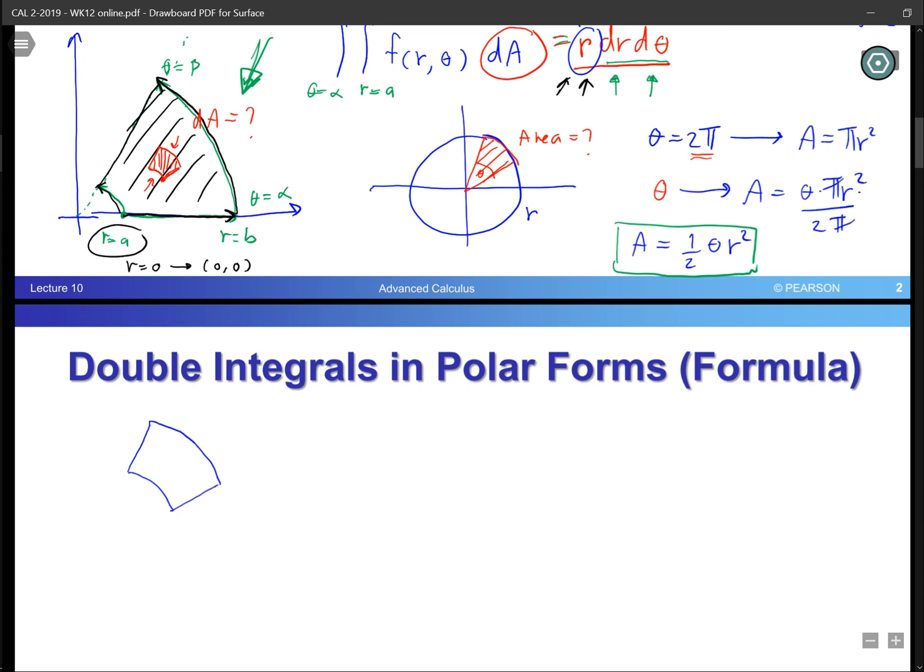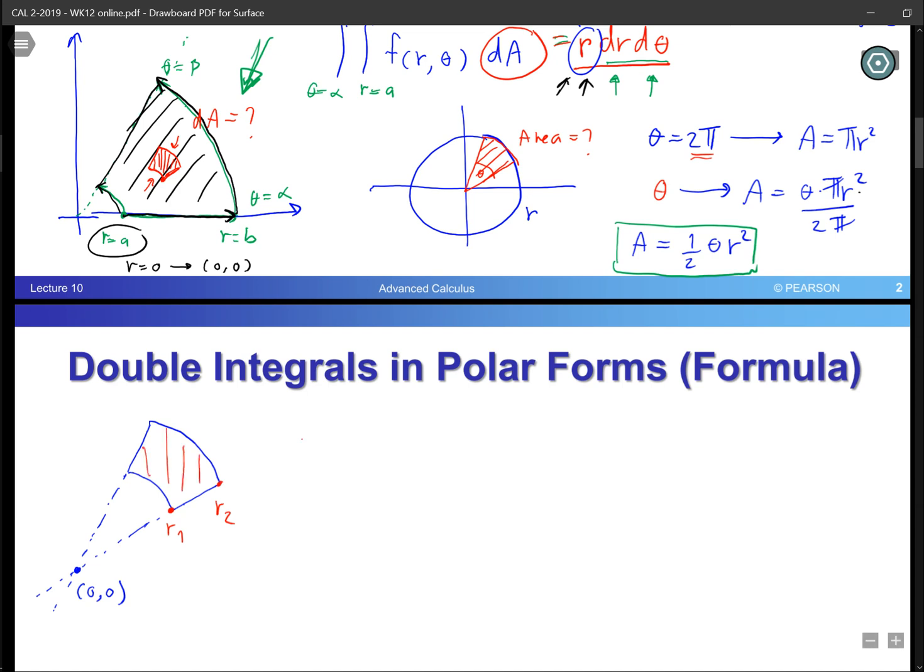Okay, and let's extend this to here and extend this to there, which means that this point is the origin. Okay, and we want to know the area of this. So let's assume that at this point it's r1 away from the origin, and this point is r2 away from the origin. Okay, and we are going to find out about this area.